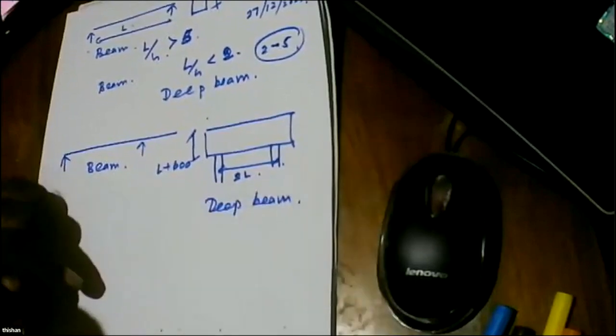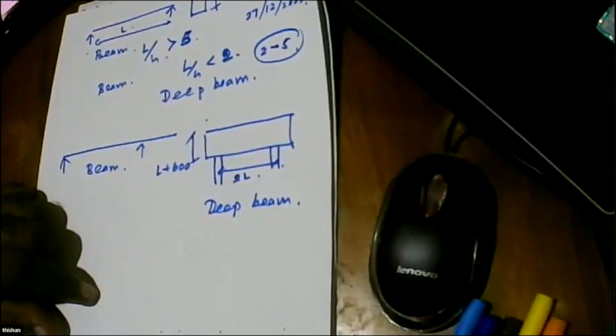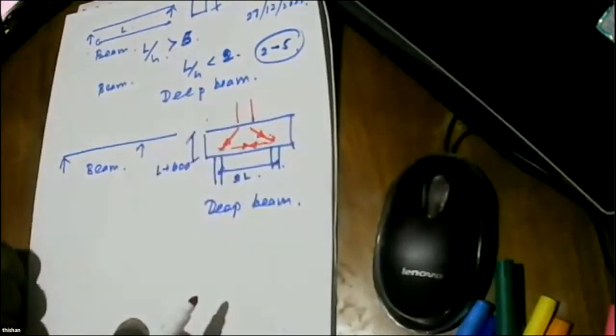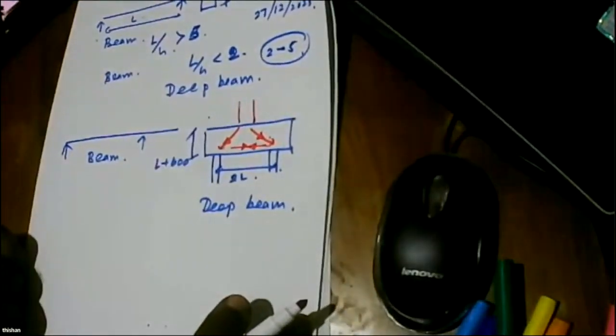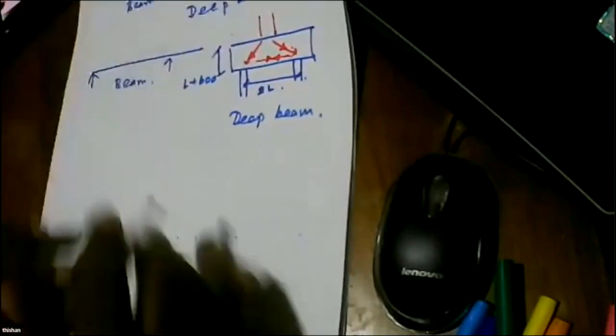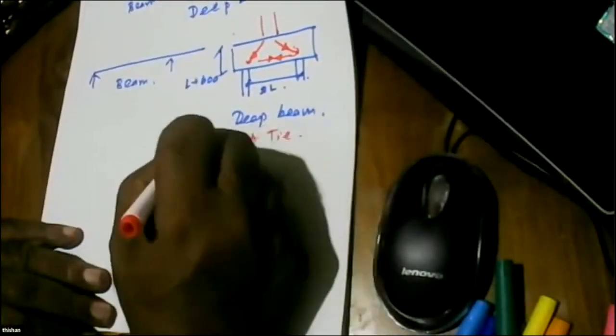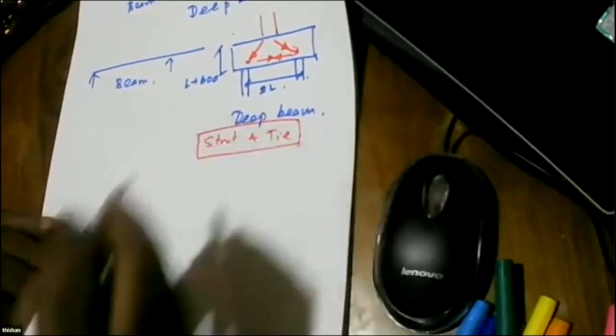We don't use beam theory generally. You can use it if you want, but you have to be careful, because here the load comes here, load goes this way. So to keep the equilibrium, this will go into tension, right? So we call it a deep beam. And what is applicable is strut and tie. So design has to be based on strut and tie.